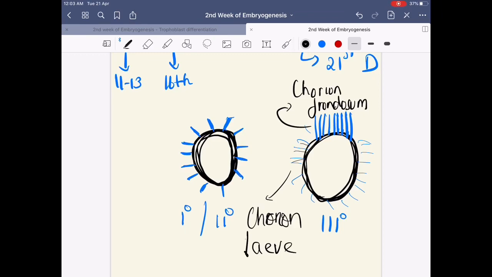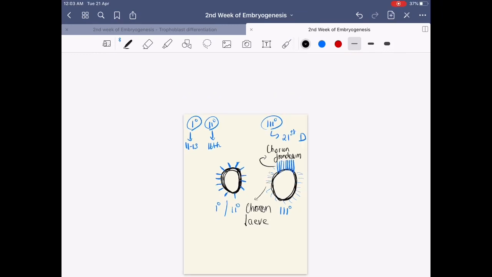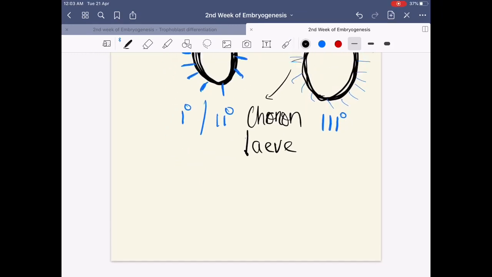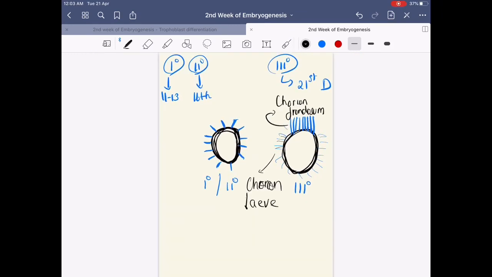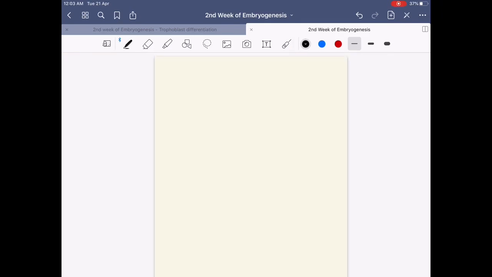So these are actually the changes that are happening during the 2nd week as well as the 3rd week to the trophoblast. But I have already mentioned the changes occurring to the embryoblast in the 2nd week. I have not mentioned in my video lecture series the changes that are occurring during the 3rd week to the embryoblast. We'll see that later.